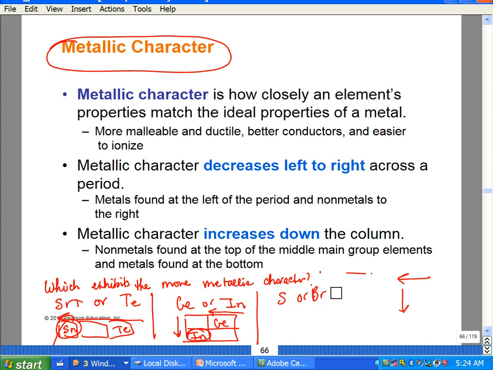Sulfur or bromine. This is not a negative charge here. Let's see where they are relative to one another. And of course, we get bigger as we go this way and as we go this way. So they cancel each other out once again. Okay. So that's metallic character.